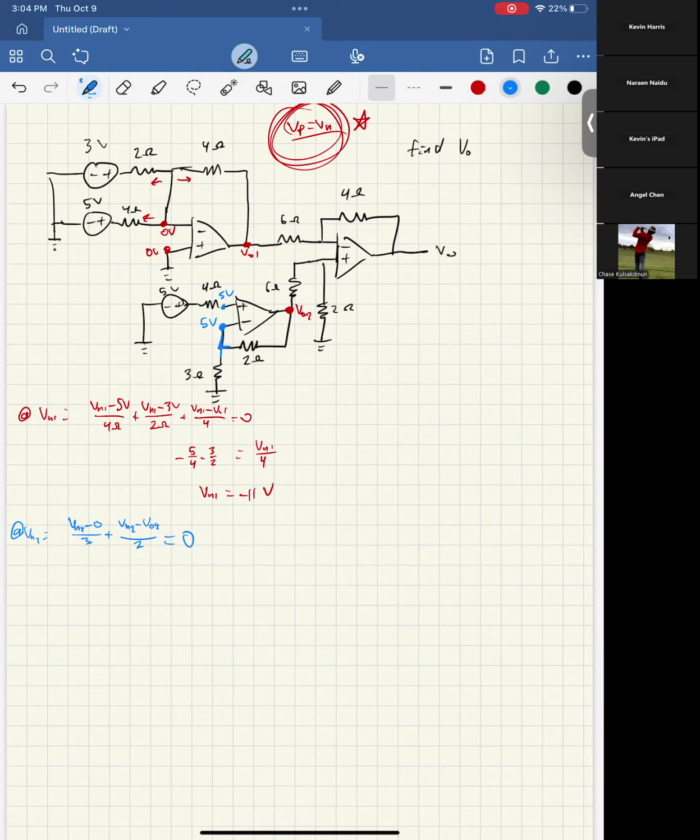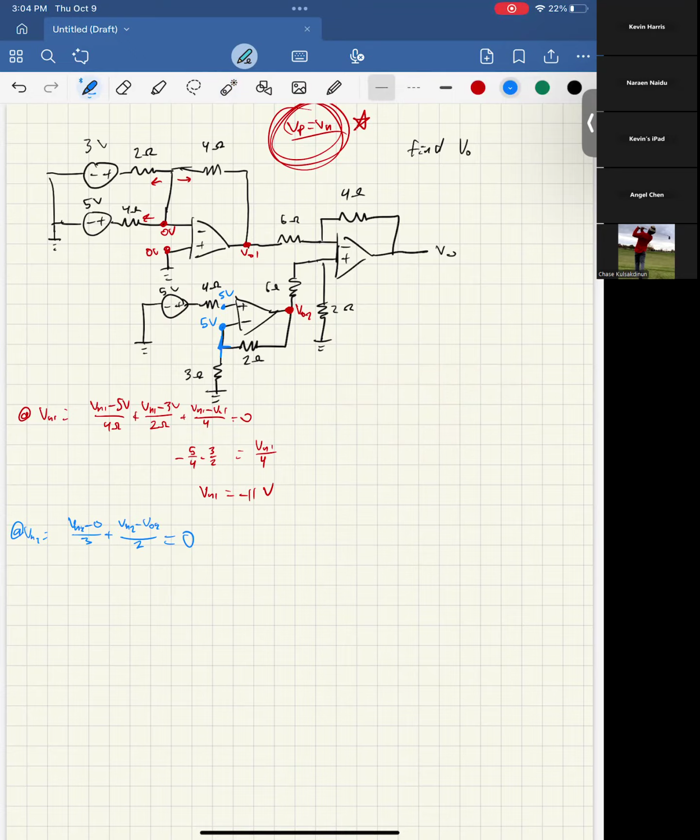If you remember, this is the non-inverting amplifier, where the gain ends up being 1 plus R2 over R1 or something like that, but we're going to find that in a sec.